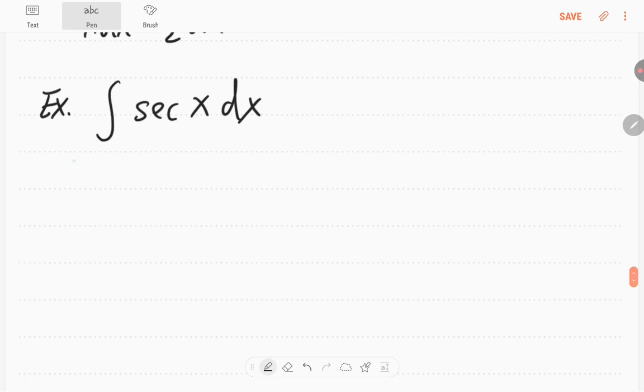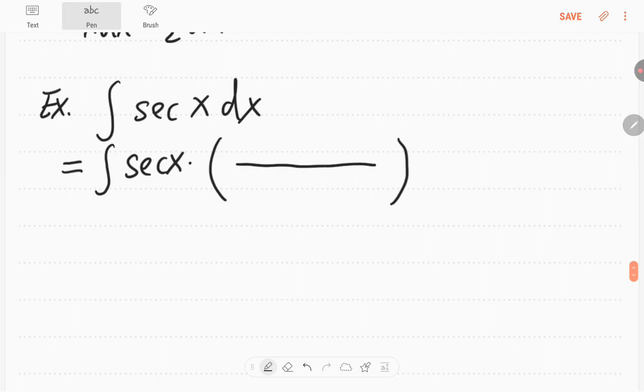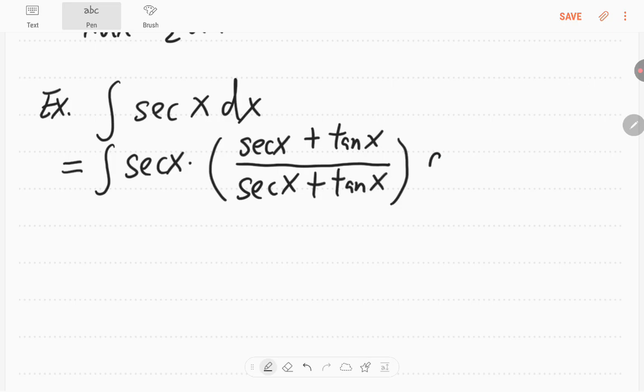So let's think: maybe we can rewrite secant x by multiplying by a fraction which is 1, but a very special fraction: secant x plus tangent x over secant x plus tangent x, dx. So this is actually 1.